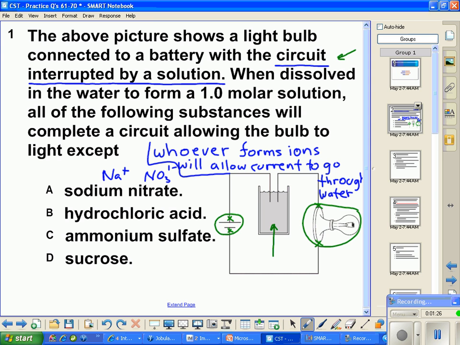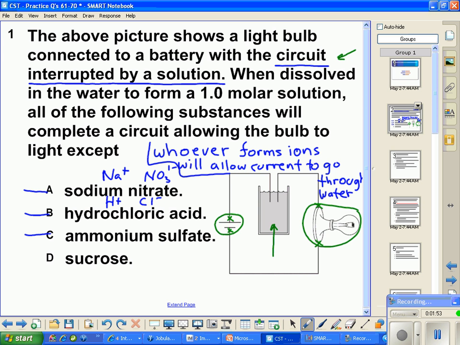Now, hydrochloric acid is hydrogen ions and chloride ions, another ionic compound. It's not ionic in the sense of a metal with a nonmetal, but it does form ions. In letter A here, we've got a metal with a nonmetal. This is just an acid. So any salt, and a salt is a metal with a nonmetal, any salt will automatically form ions.